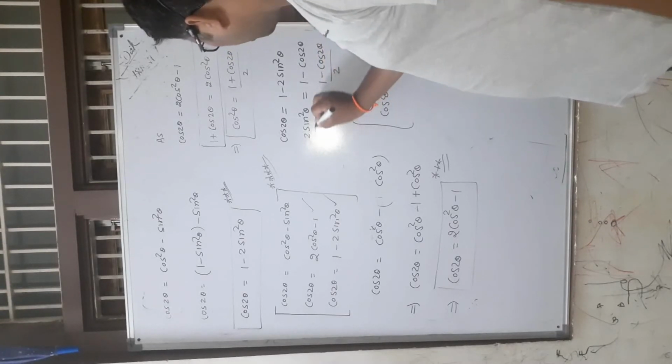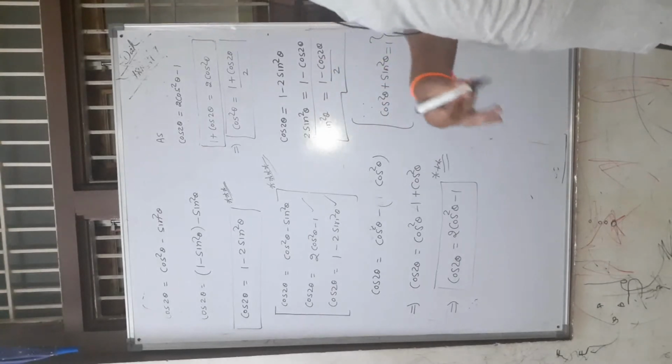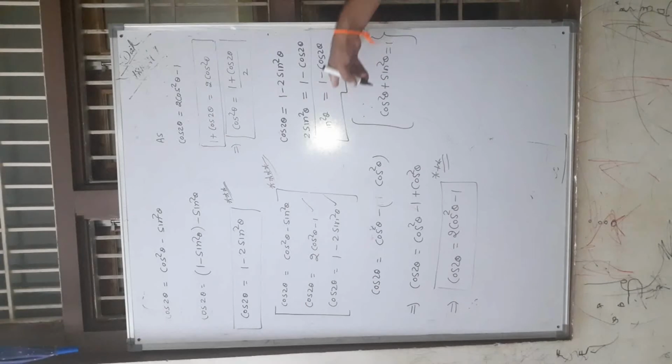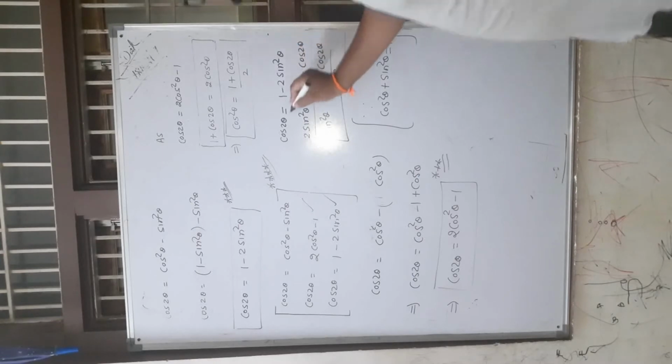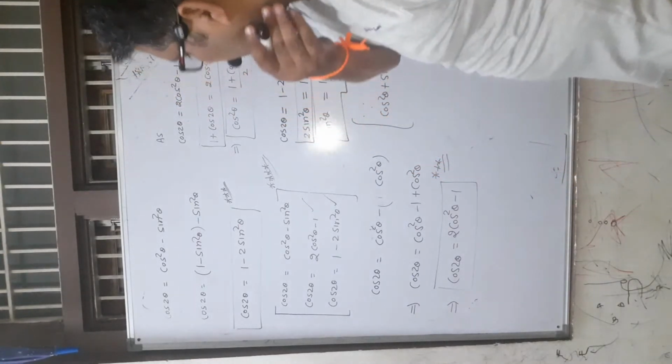If we have to convert sin square theta in basic cos theta terms, with the help of this formula we can convert sin square theta into cos theta. So this formula is mainly used also in various questions.